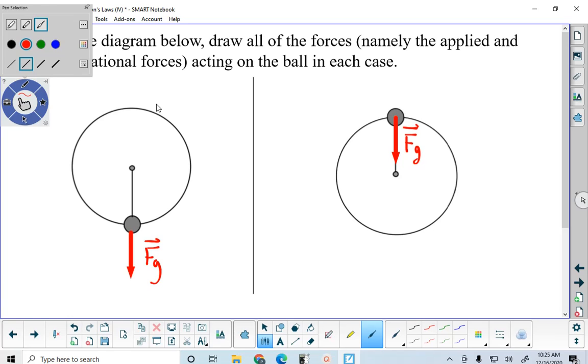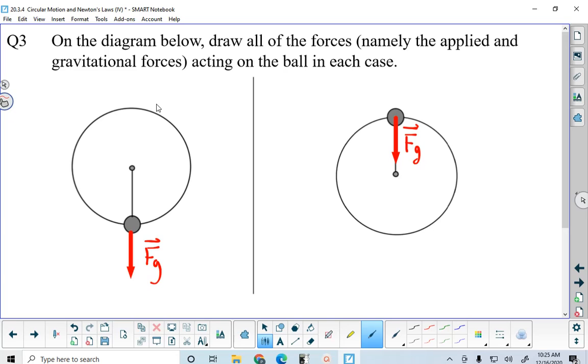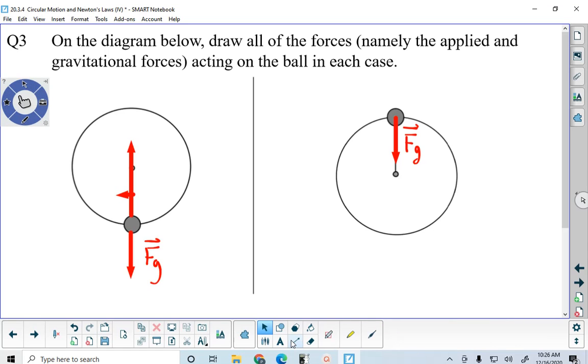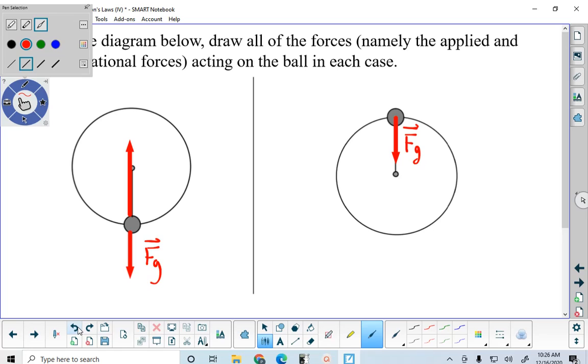Are there any other forces? Well, yes. There is another force acting on the ball when it's at the bottom. And that other force is the applied force by your hand. You are applying a force upwards. And I'm just going to offset this so you can see the string. There is an applied force upwards here.